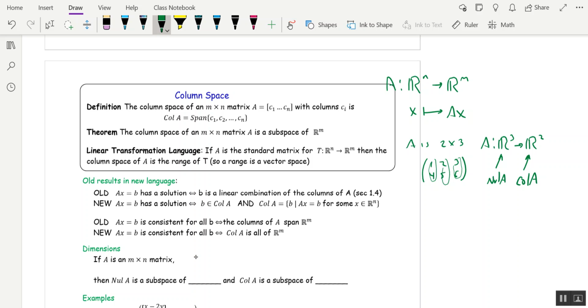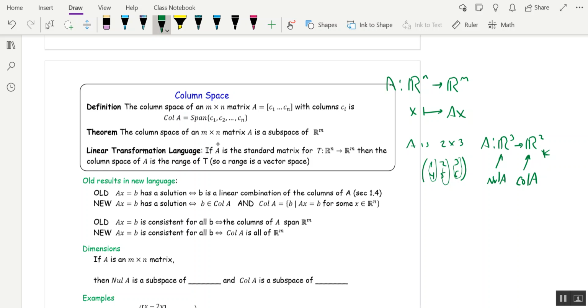So it's the set of b's such that that has a solution. Here's another old result: Ax equals b is consistent for all b if and only if the columns of A span Rm. That's the same as saying col A is all of Rm, because col A is the span of the columns.